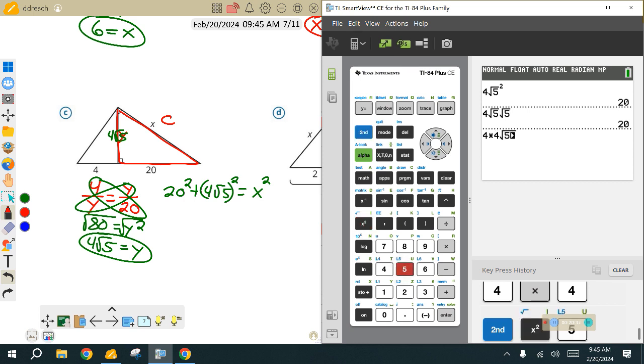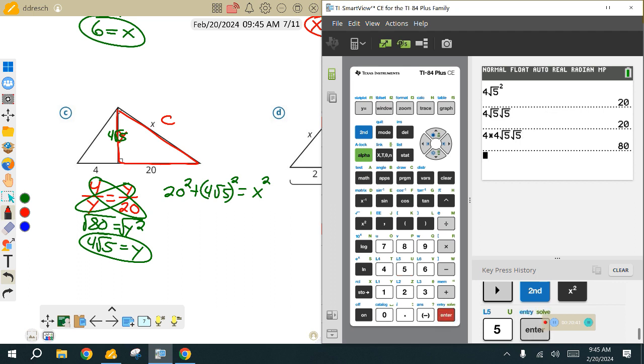You want your calculator to square both the 4 and the 5, so make sure you put it in parentheses to do that. 20 squared is what? 400, right? Plus 80. 480. That's a pretty big fellow there. What do you want to go with on 480?